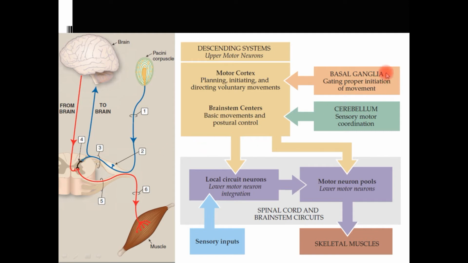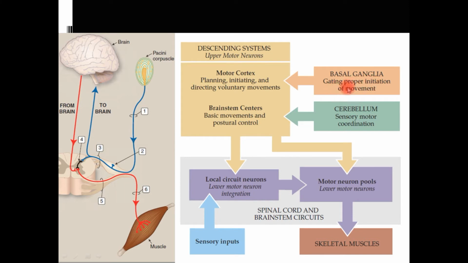And then there is role of certain other brain areas apart from the motor cortex and brainstem areas. There are role of other brain areas like basal ganglia and cerebellum to control the motor function of the central nervous system. What is the role of basal ganglia? It is gating the proper initiation of the movements.